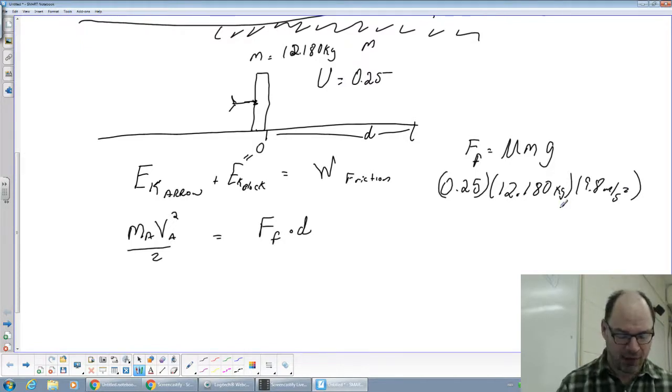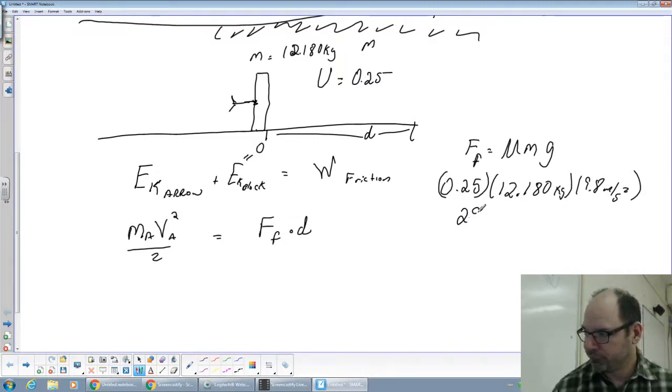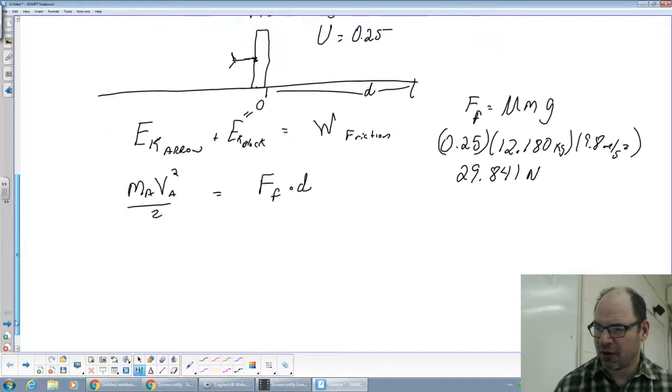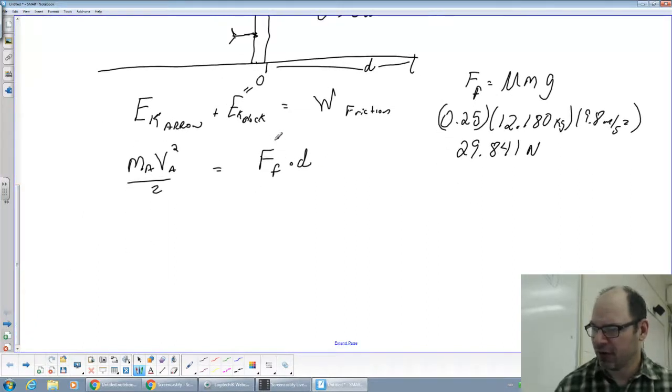So if we multiply those together, 0.25 times 9.8 times 12.180, we get a total of 29.841. Okay, so then we can plug in our numbers to solve for the distance. We've got this, and we have to find that.